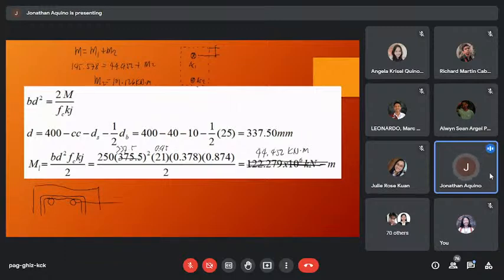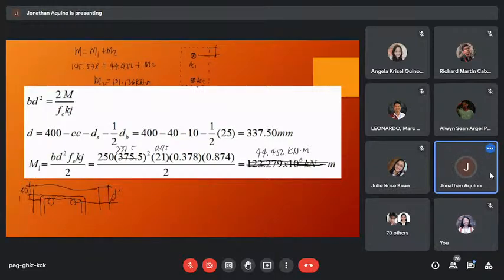So yung d prime natin is the distance from the centroid of the compression bars to the outermost fiber in compression concrete. So this value is 40.